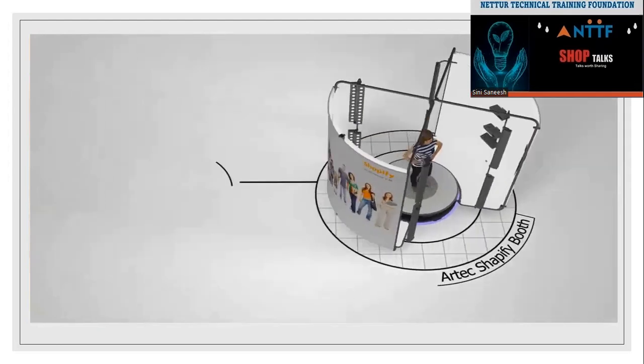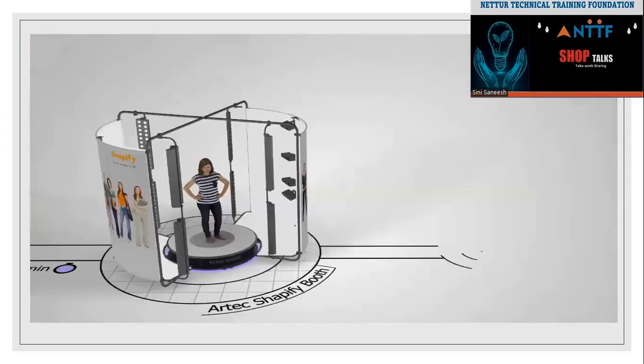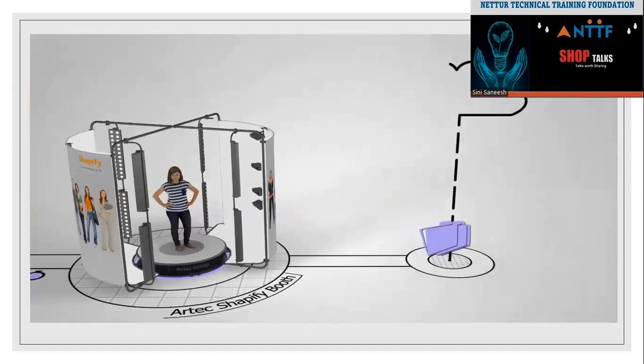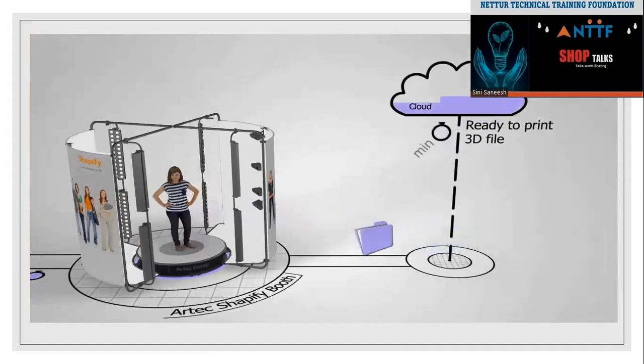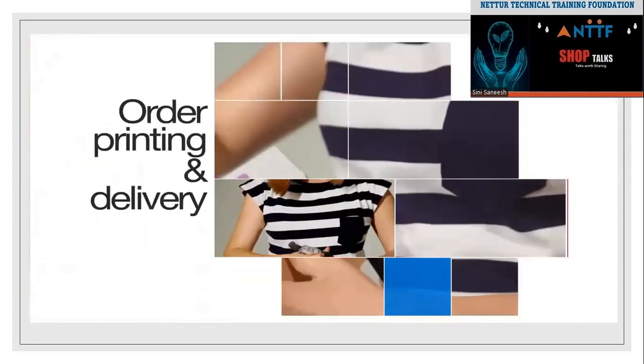As you can see, this method is very advanced. Here the data is then transferred into a computer. As you can see, it takes only 5 minutes. This file is then transferred to the cloud and it is ready to print the 3D model. It takes 15 minutes. Here the 3D model is received.